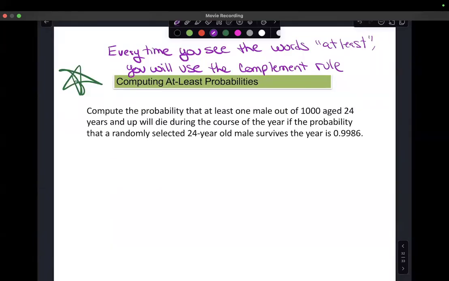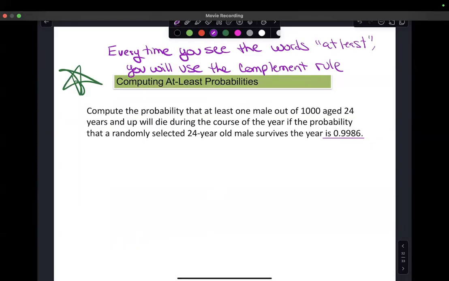So remember, the complement rule is for the probability of something not happening. We know the probability of a randomly selected 24-year-old male surviving the year is this.